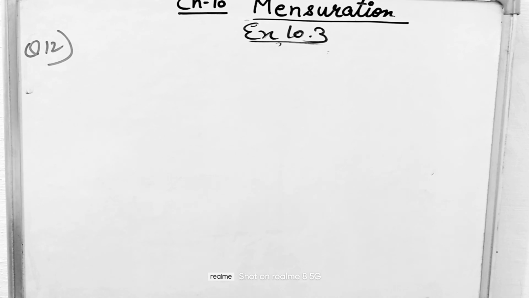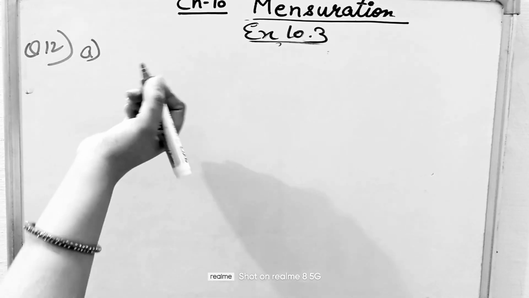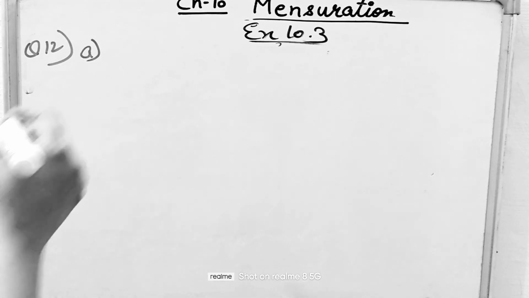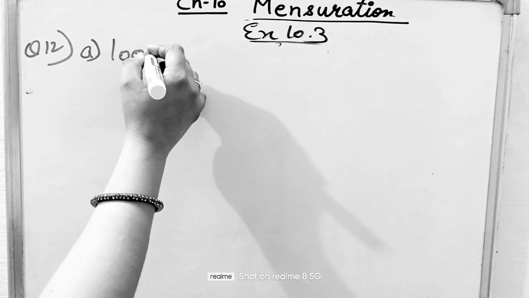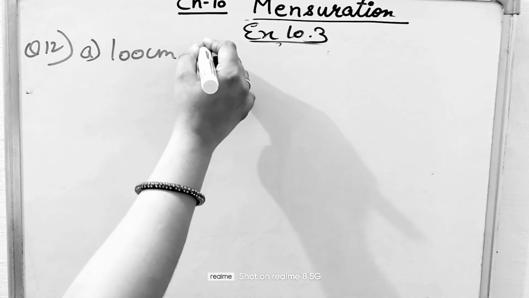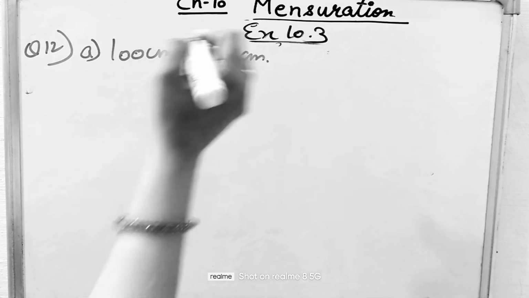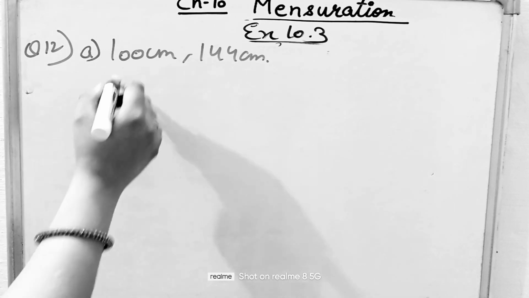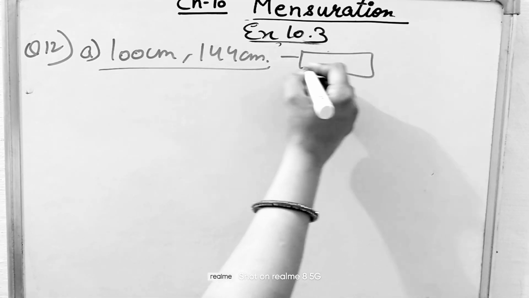Now there are two rectangular regions given, A and B. I am solving for A part. Length is given as 100 centimeter and breadth is given as 144 centimeters. This is the rectangular part.